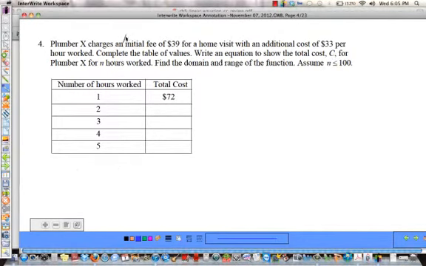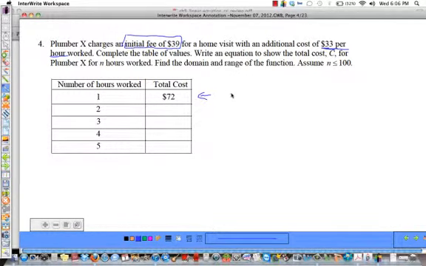Plumber X charges an initial fee of $39 for a home visit. So just coming out there, he's going to charge 39 bucks. After that, he's charging $33 per hour. So the plumber comes out for 1 hour. He gets $33 for that hour, and then he gets that initial fee of $39. So altogether, that's 33 plus 39, which is 72.